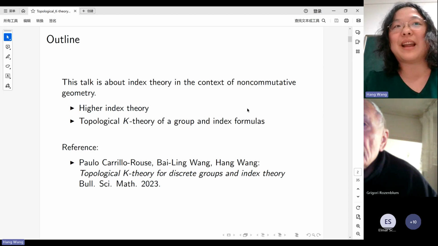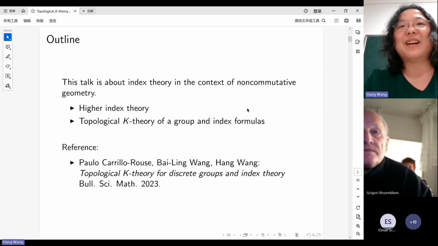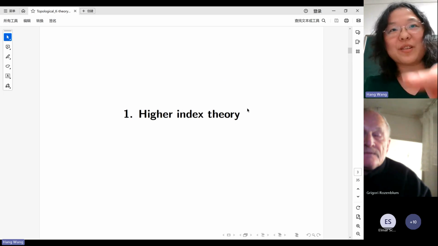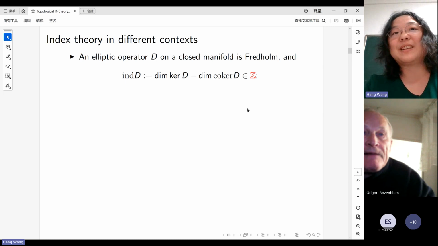The content of my talk will be a brief introduction on higher index theory, followed by the main result. So the story starts from the study of elliptic operators, index theory of elliptic operators.